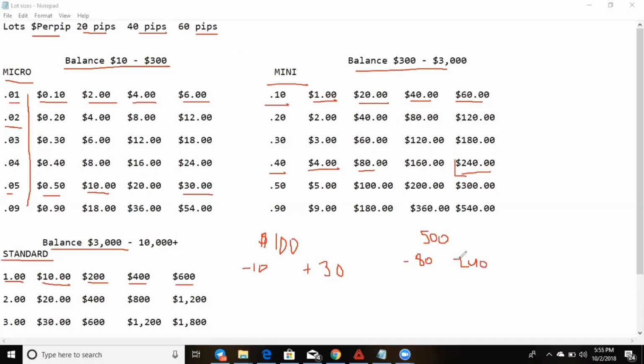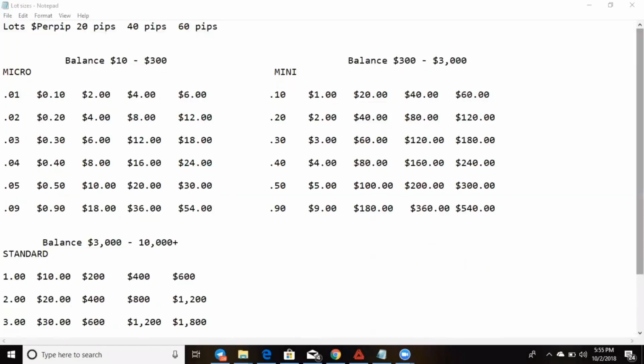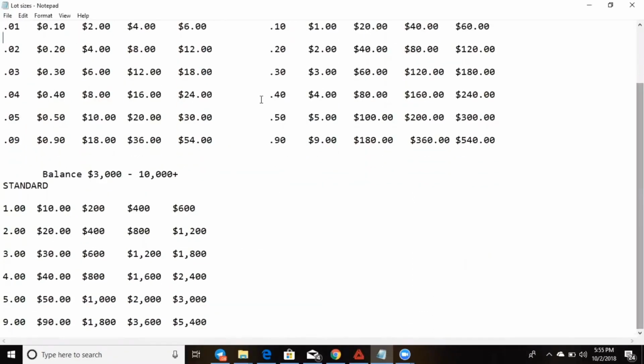On a higher balance, here on the standard lot, let's say we have $5,000 in this balance. We want to risk 4.00 lot size, which would be $40 per pip.